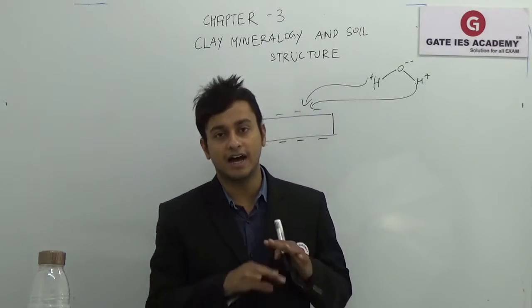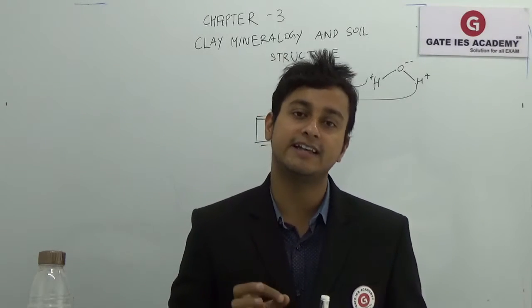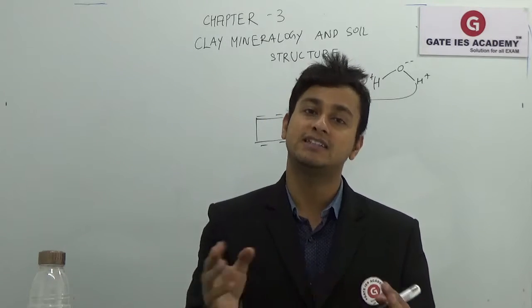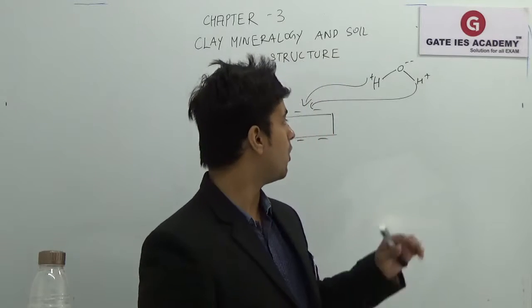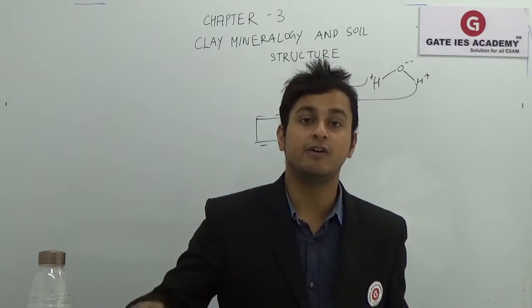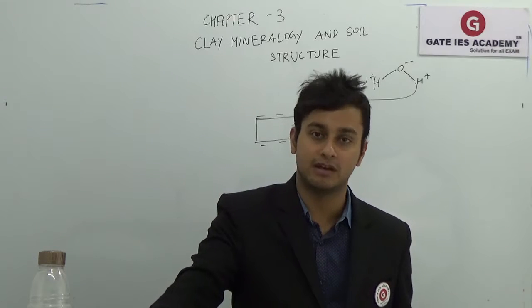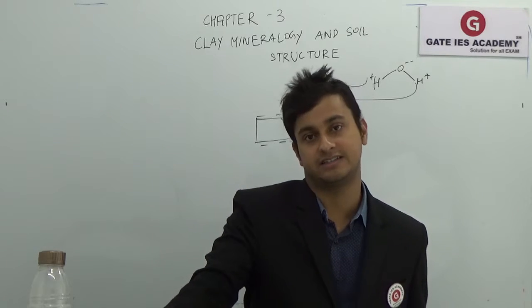Moreover, clay has a large specific surface because it is a very small sized mineral. So when small sized particles are there, they have large surface area, they can imbibe more amount of water. Therefore water is a very important particle which is present in the voids of the clay mineral, and it affects its property to a large extent.